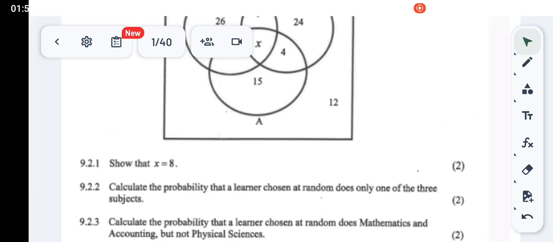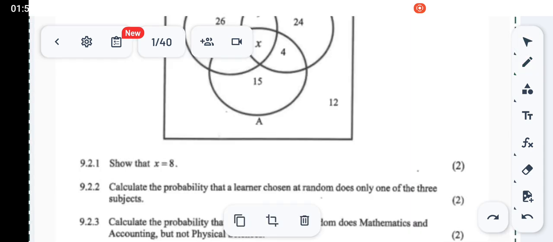And then 9.2.2, calculate the probability that a learner chosen at random does only one of the 3 subjects. So we want the probability that a learner is doing either maths, physics or accounting, does only one of the 3, only.